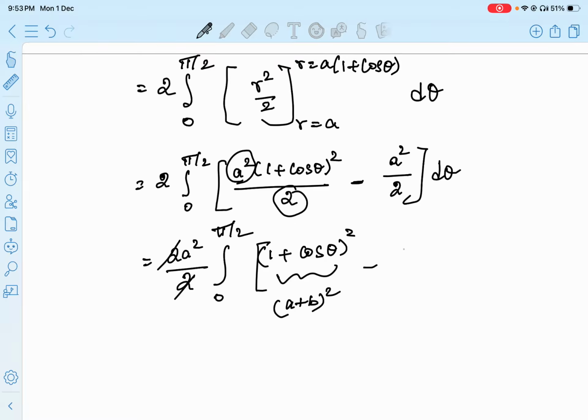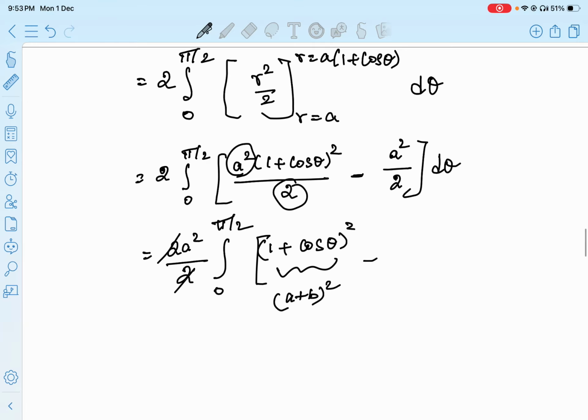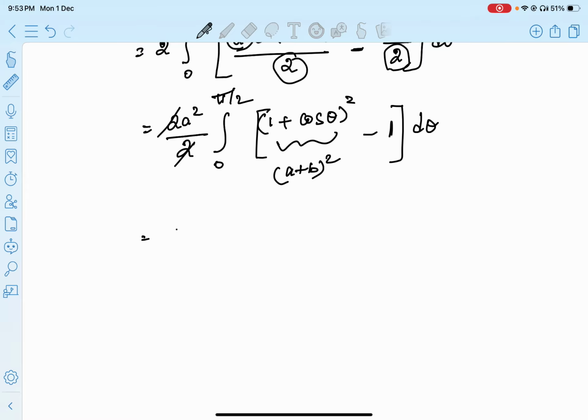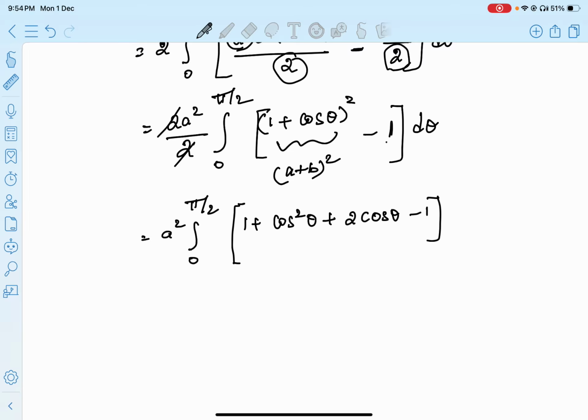So we can write it in the form of a plus b square, and minus a square by 2, which commonly we have taken outside, so there will be only 1 into d theta. Now we can express this as a square integral 0 to pi by 2 of 1 plus cos square theta plus 2 cos theta minus 1. This minus 1 is this one, so we can cancel it.